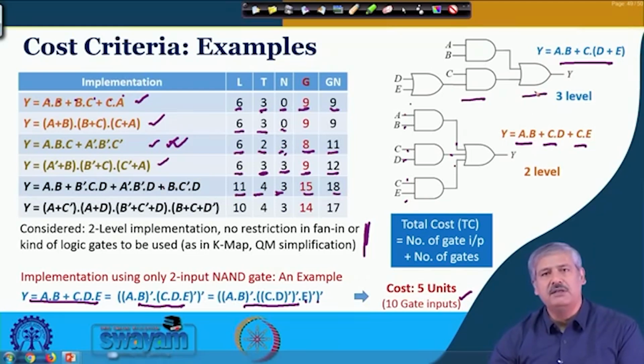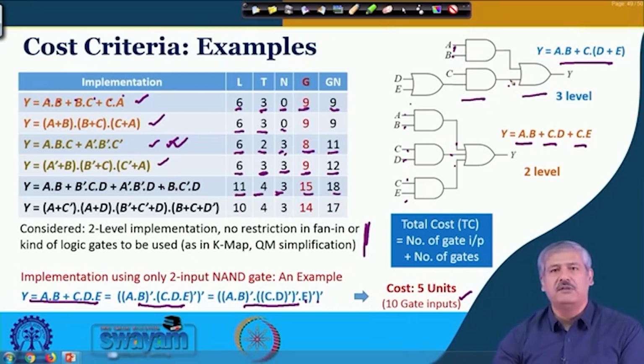So, this is a 3-level implementation, and how many gate inputs are there? 1, 2, 3, 4, 5, 6, 7, 8. So, instead of 9 we are having 8. This is for the 3-level implementation. Our discussion is on 2-level implementation, the way you usually do for AND-OR or NAND, or for POS, OR-AND or NOR circuits.